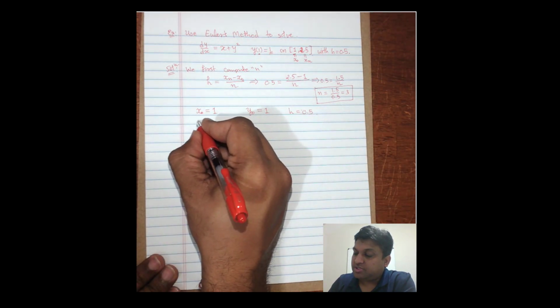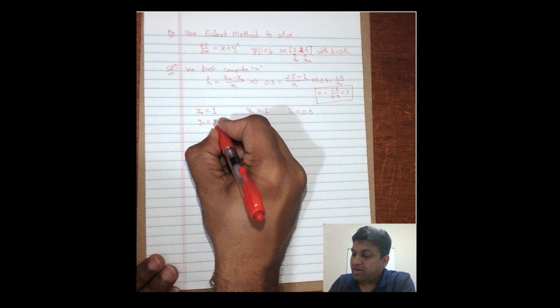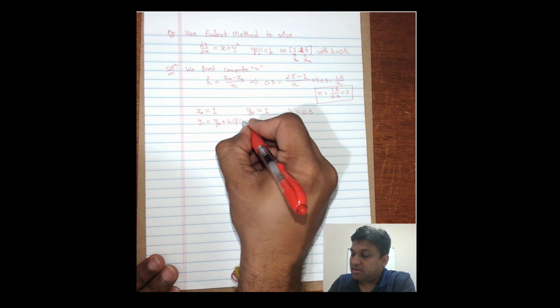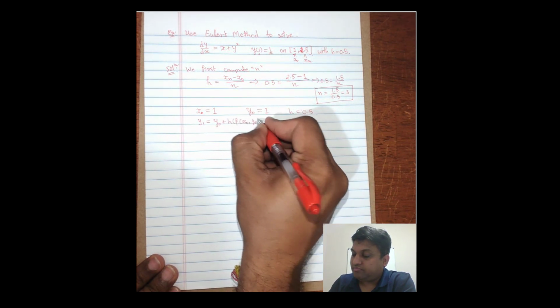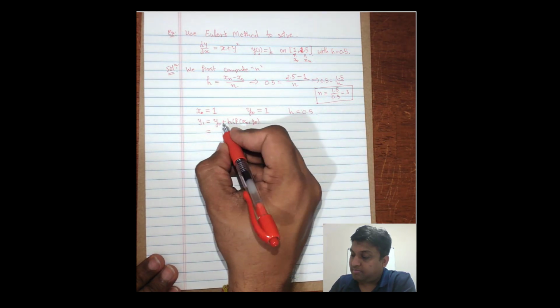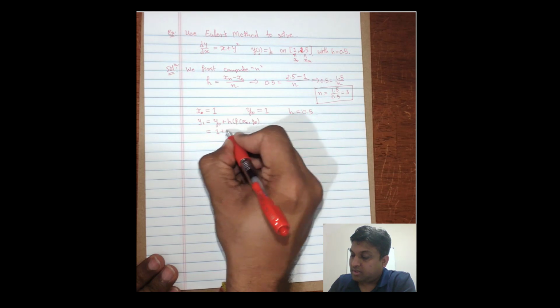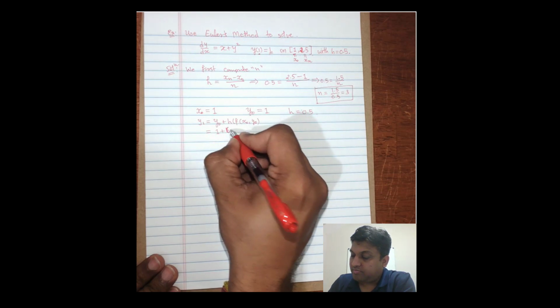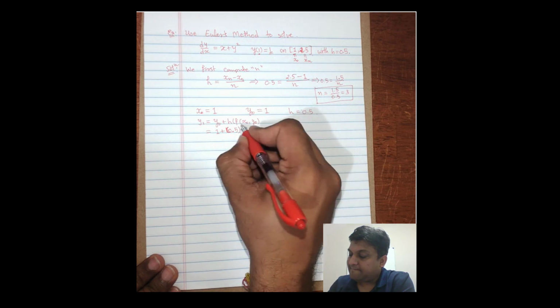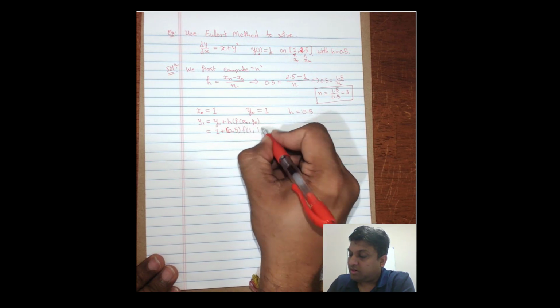My first solution is going to be y0 plus h times f at x0, y0. Throw the values in. y0 is 1, h is 0.5, and then f at 1, 1.